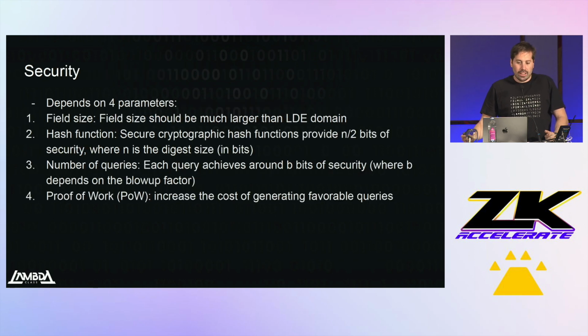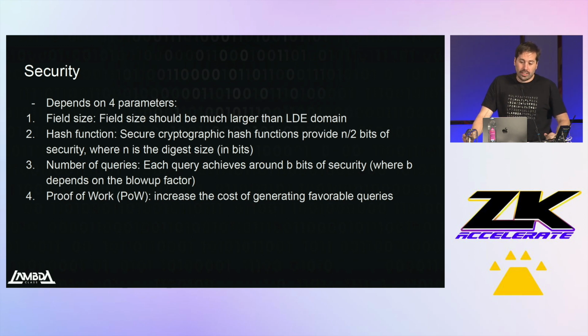And finally, a word on security. The security in the case of STARKs depends on 4 parameters. The first one is the field size. As long as the field is much larger than the evaluation domain, we are on the safe side. Of course, if we use smaller fields, we are forced to work in general with degree 3 extension fields.